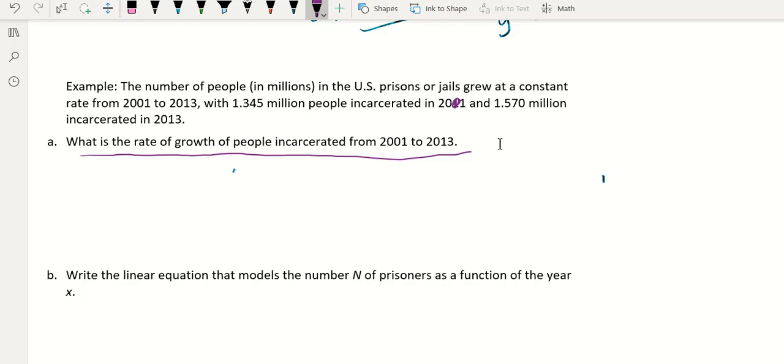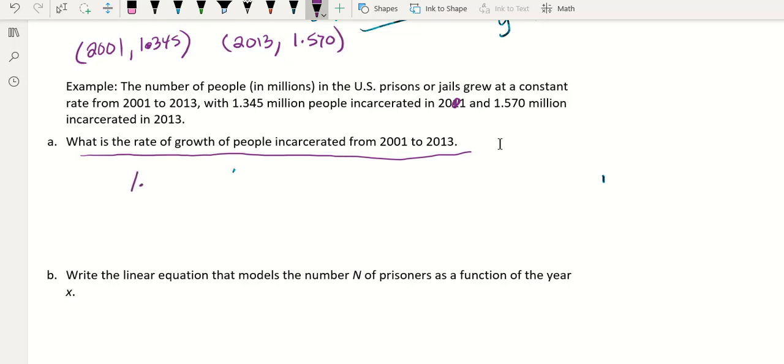So if I'm looking at this, I can say that 2001, 1.345 would be my first ordered pair, and then in 2013, we had 1.570 million people. So these will be my ordered pairs, and now we plug them in to find the slope.